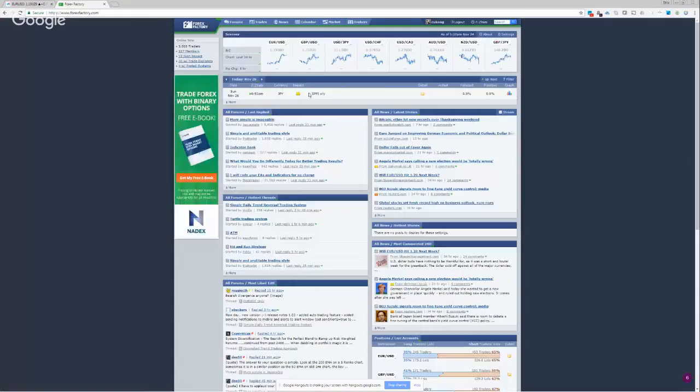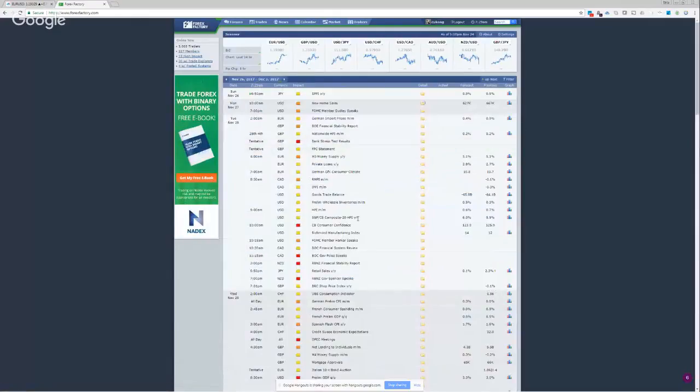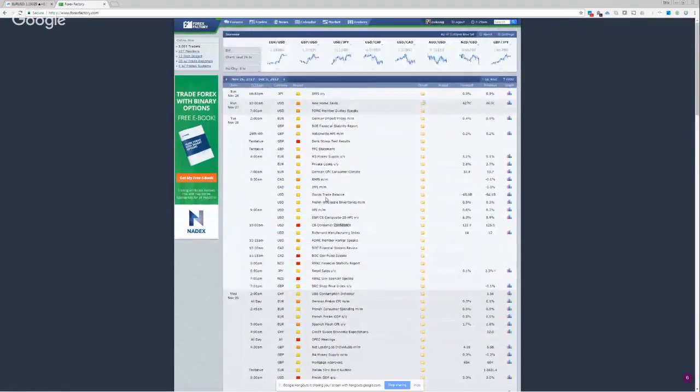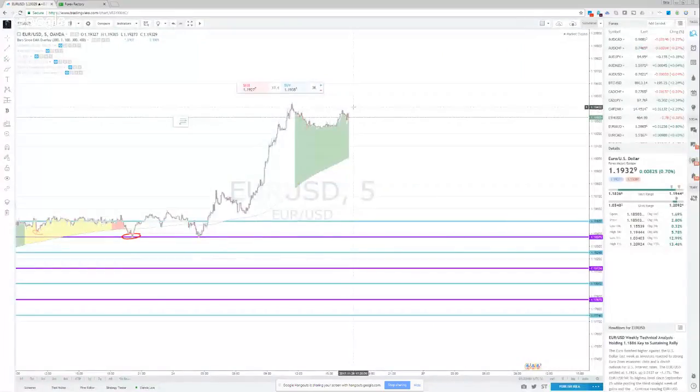Take a look at, is there anything ahead? Nothing. Pound, yeah. Consumer confidence on Tuesday. So Monday, pretty much probably is going to be, nothing happened. But we always plan for the worst, right?